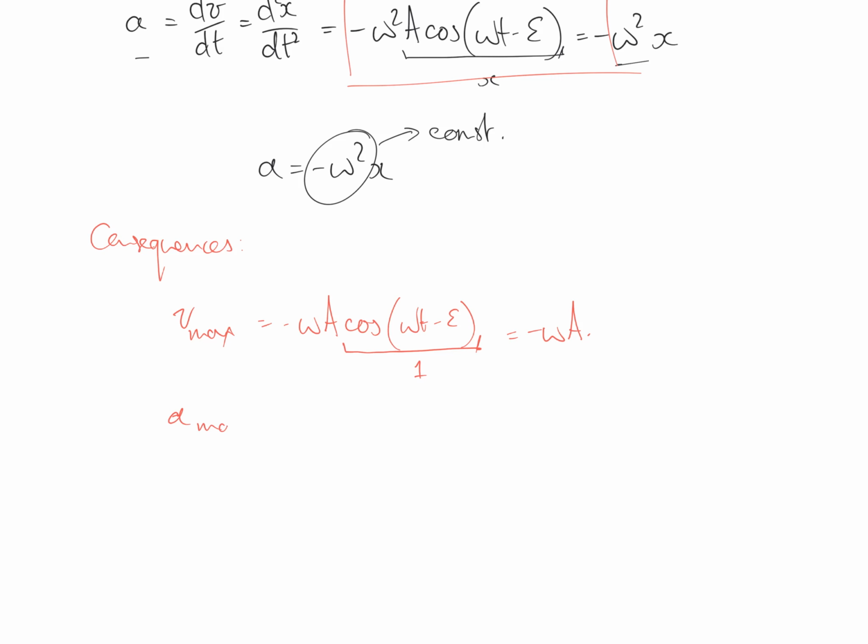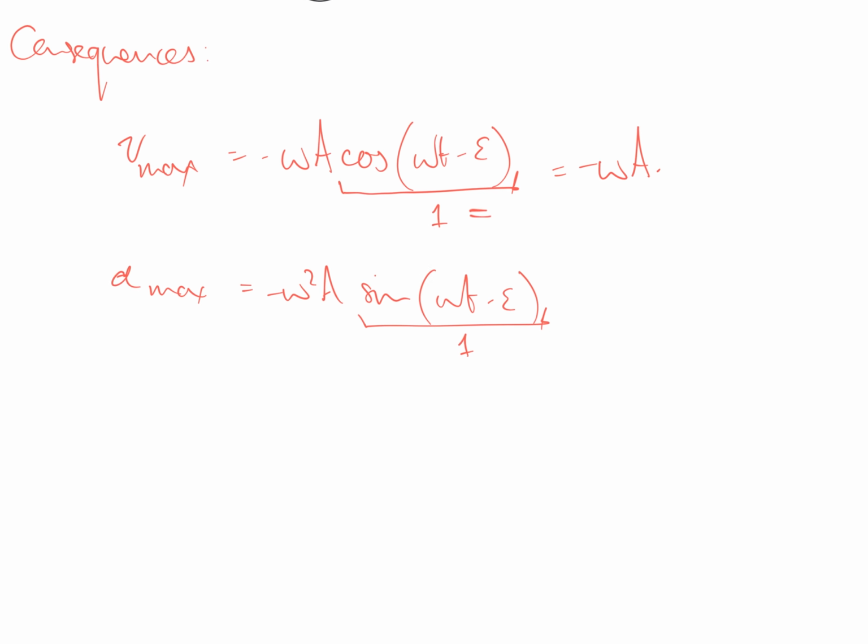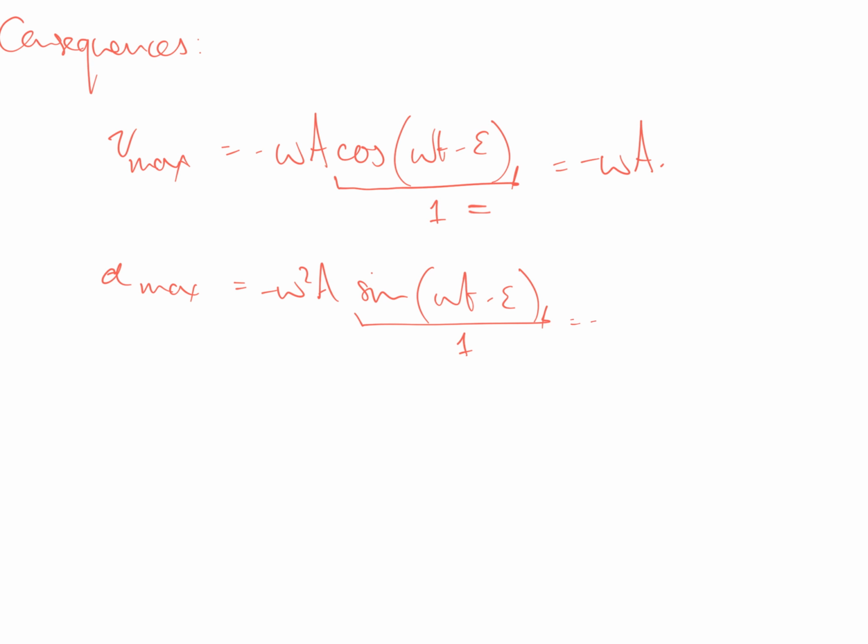What about maximum acceleration? In a similar way, we've got minus omega squared A sine omega t minus eta. When this function is 1, I've hit a maximum, which means I've got minus omega squared A for the maximum acceleration.